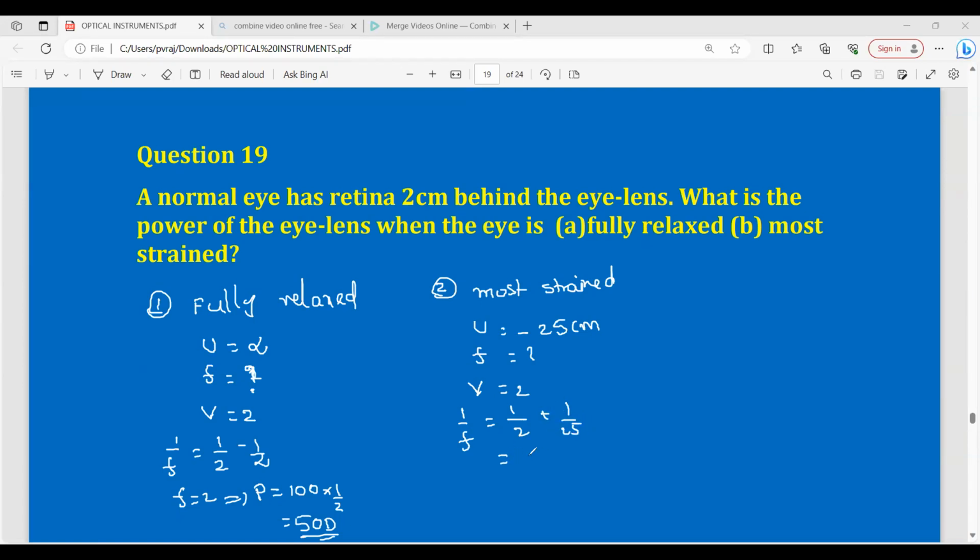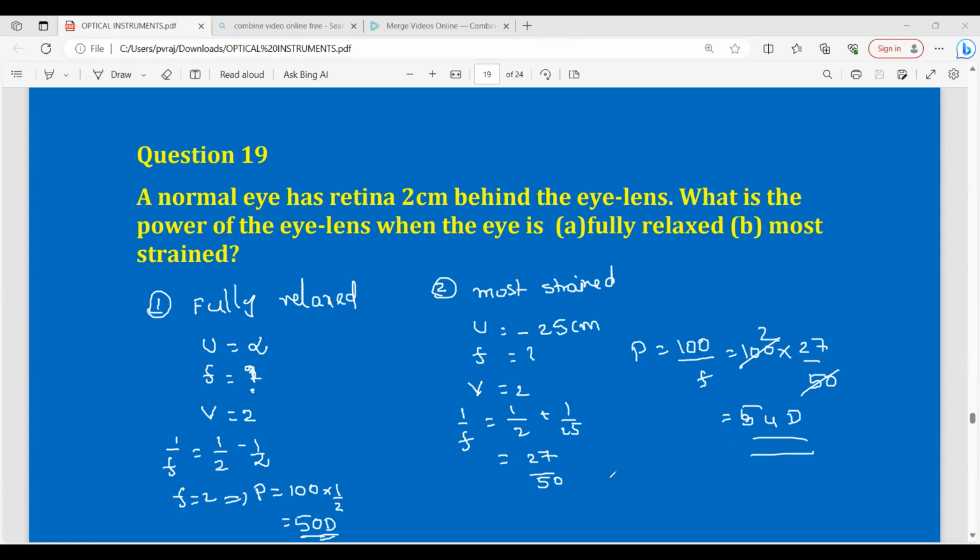So this will be ఎంత అవుతుంది? 27 by 50. And what is the formula for power? 100 by F. 100 into 1 by F place లో వేసేస్తాను ఇలాగా. ఎంతమ్మా? 27 by 50, 54 diopters.